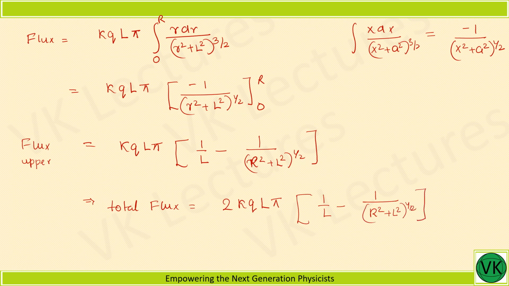Now this k is equal to 1 by 4 pi epsilon naught.